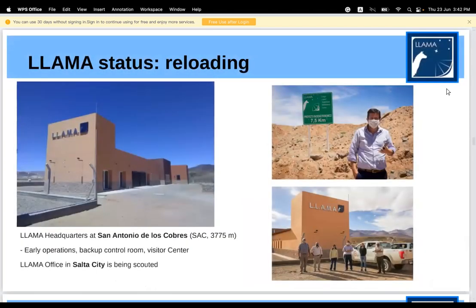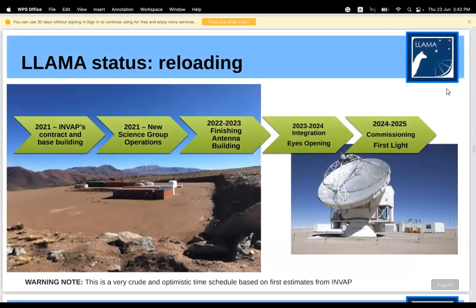So this is the place at San Antonio de los Cobres where we will control the telescope remotely at first, and then this will be a backup center in case of miscommunication with Salta City. Our timeline is getting to first light in about 2 or 2.5 years.